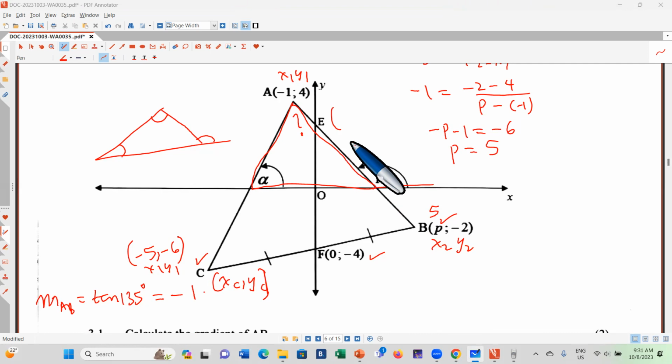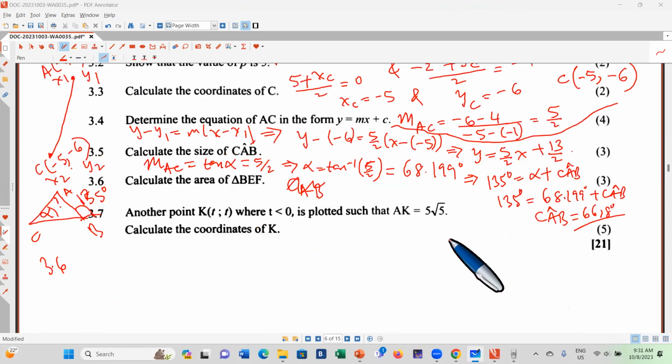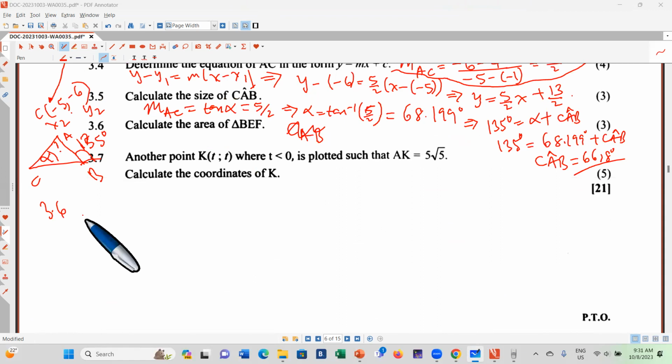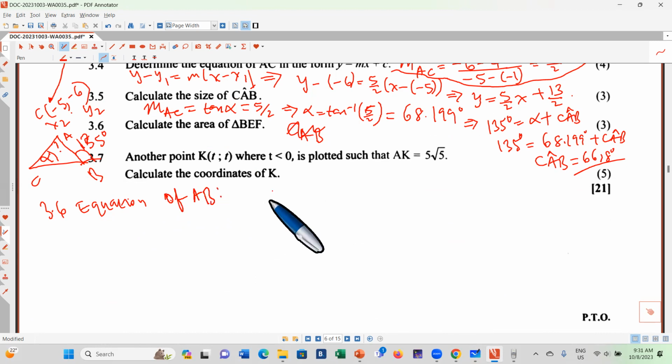We need the equation of AB. So now we are interested in finding the equation of AB. To find it, we have A, with the coordinates (-1, 4), and B with the coordinates (5, -2).